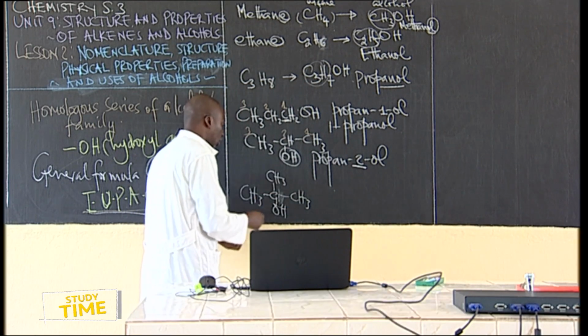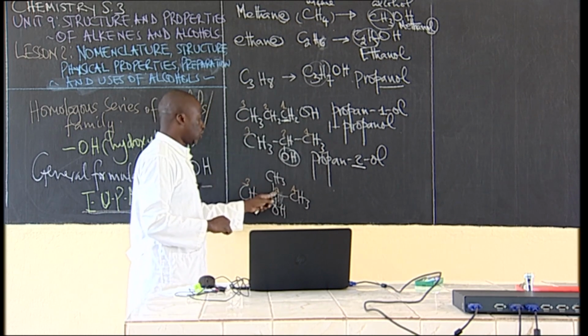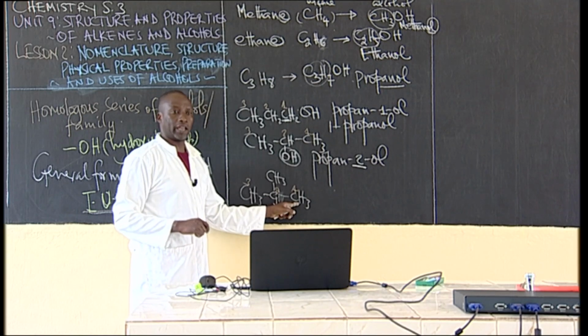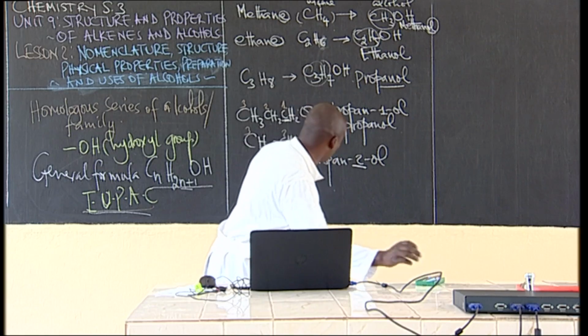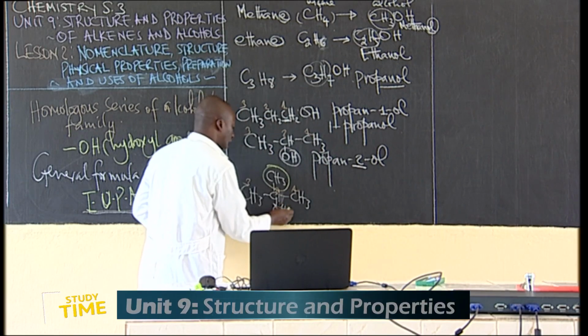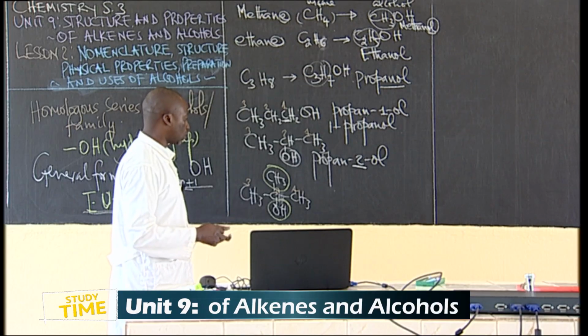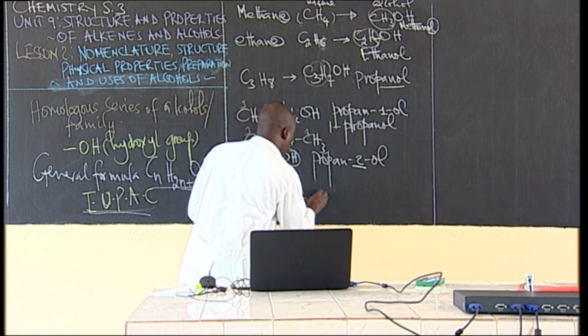So you choose the longest chain, number 1, number 2, number 3. When you look at this compound, the base name will be propane, but it has a branch on carbon number 2. This is one branch, and the OH, the functional group, is another. So what do we do? It will be 2-methyl.